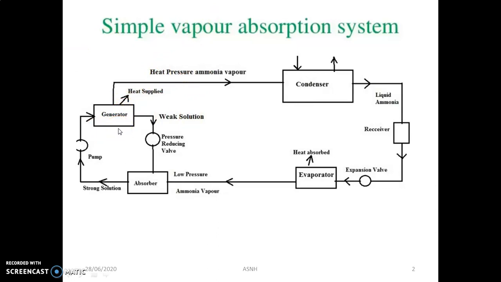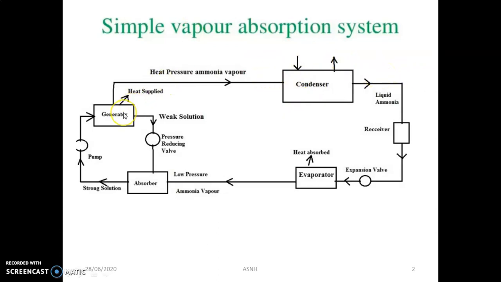After heating, vaporization of the aqua ammonia takes place, and because of the high vapor pressure, ammonia is continuously released from the generator and enters the condenser. In the condenser, latent heat of condensation is released and the vapor refrigerant changes phase into liquid refrigerant. This means the vapor ammonia is converted into liquid ammonia.